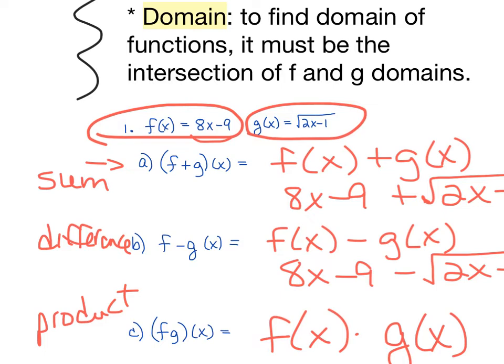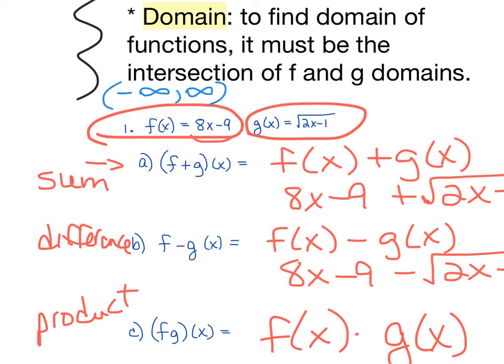The only time we start excluding things is when we have a fraction or when we have a radical. So notice in my f of x function, there's no fraction, there's no radicals, so I can already see that the domain of the f of x is all real numbers.